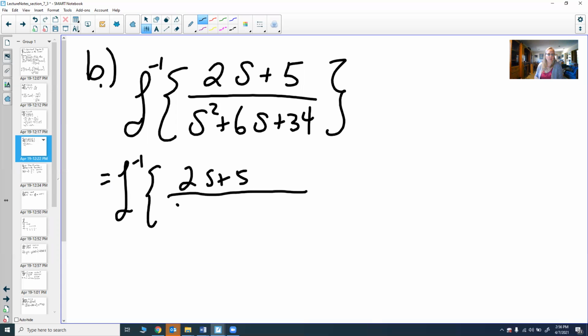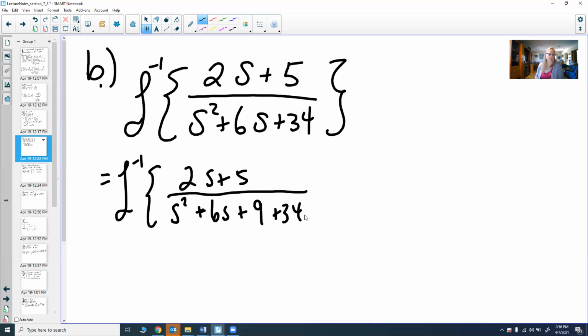So let's go ahead and complete the square in the bottom, because I want this to be s minus something squared, and so forth. Remember, completing the square means you take the coefficient of the s term, in this case 6, divide it in 2, so you get 3, and then you square it, and that's what you add.